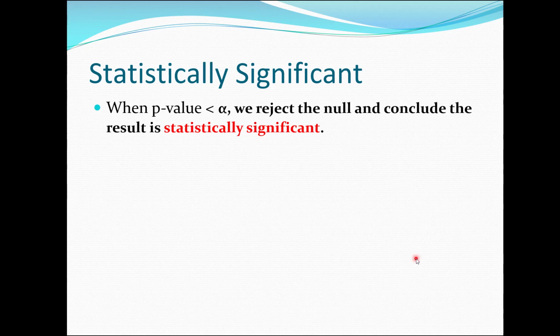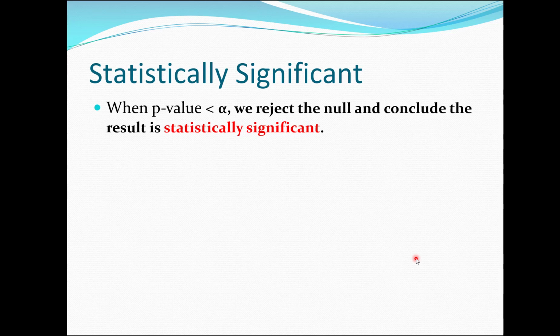For this slide, I would like to talk a little bit about what is statistically significant. We know that when p-value is less than alpha, we're going to reject our null hypothesis, and we can conclude that the result is statistically significant. But what does it mean when we say the result is statistically significant? I hope you can still recall our null hypothesis states that there is no difference, there is no relationship.